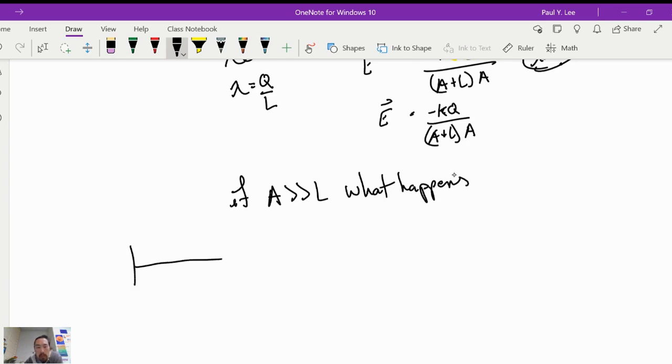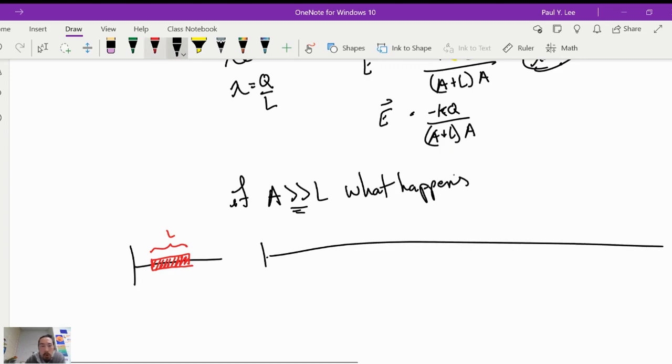So right now, if this is our little drawing, and this is our rod, the rod's length L is a comparable size to A. But what this is saying is that if our distance is so far away that our rod basically looks like a tiny little speck, so when this distance A is so big that our rod becomes a tiny little speck, what happens?